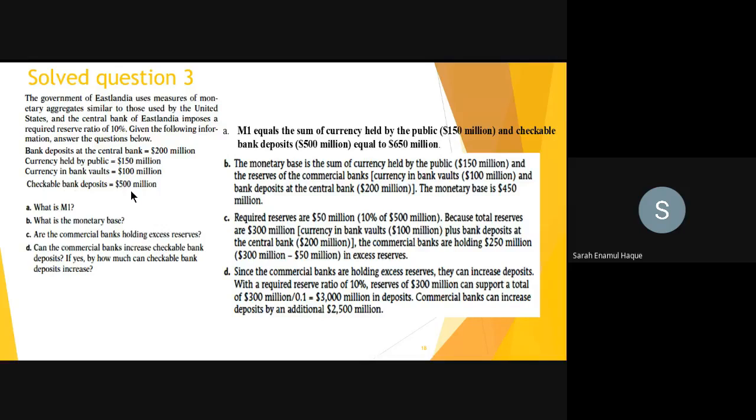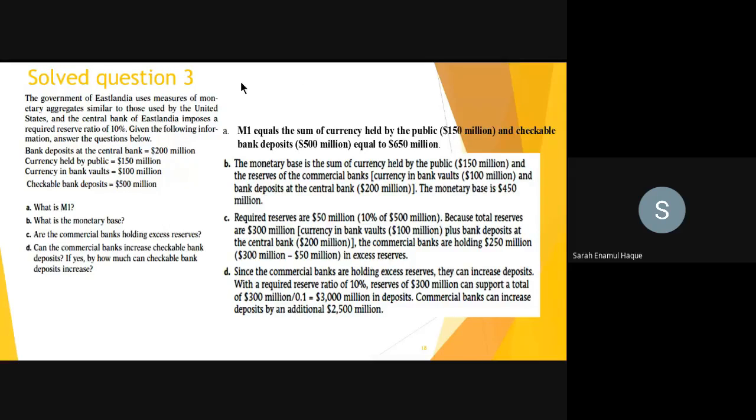So if we use our CRR of 10% on $500 million, that is 50 million. So in reality, the commercial bank was obligated to deposit only $50 million to the central bank as the deposit, right?